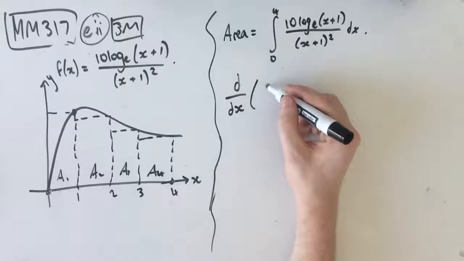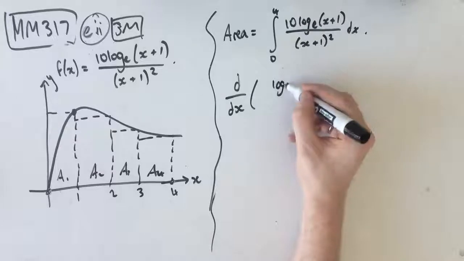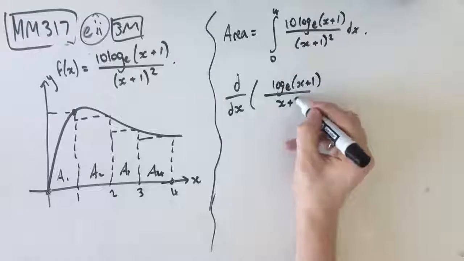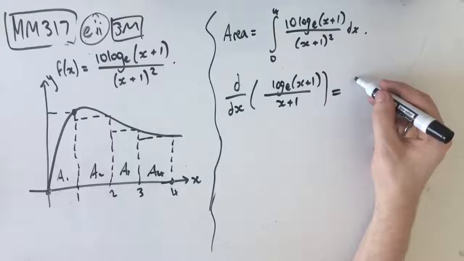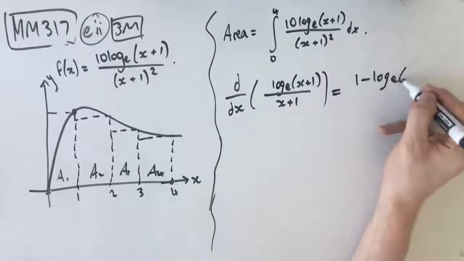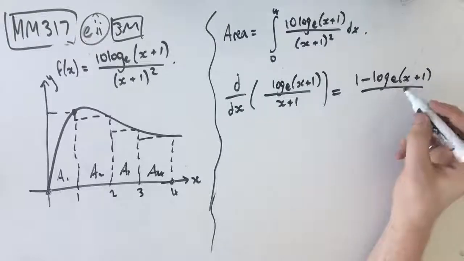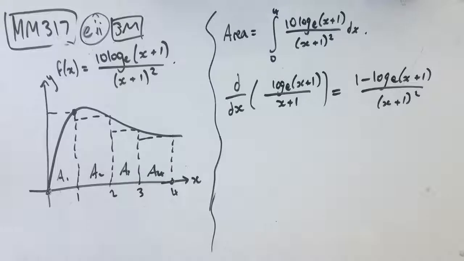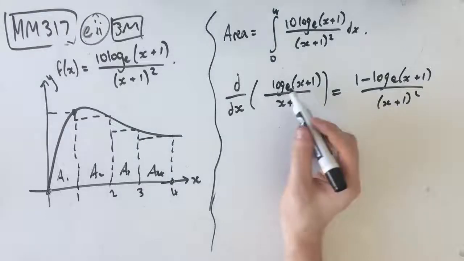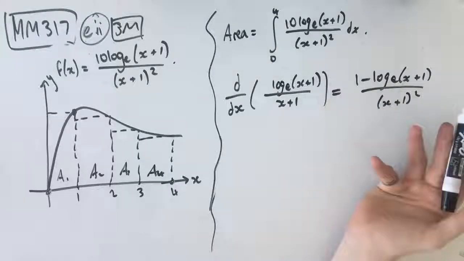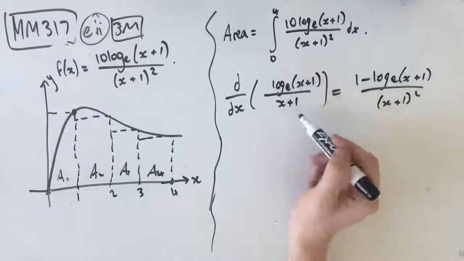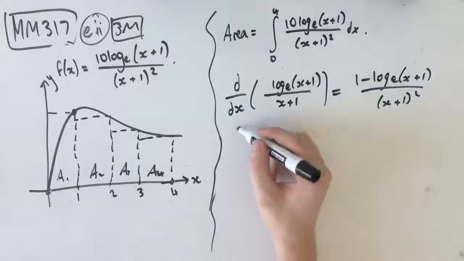So we found that the derivative of log e of x plus 1 over x plus 1 was equal to 1 minus log e of x plus 1 over x plus 1 squared. Sweet. Now, because the derivative of this equals this, which is what we found, that means the antiderivative of this is equal to this. Okay, so that's our important point of recognition here.